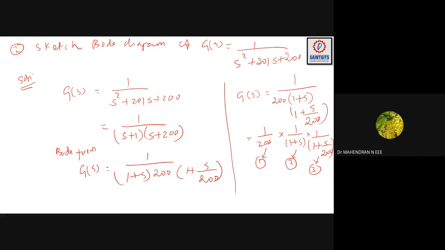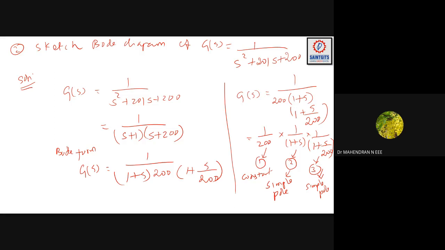This is a constant, and this is a simple pole, and this is also a simple pole. First we have to separate all the three functions and identify whether each is a constant, a pole, or a zero.